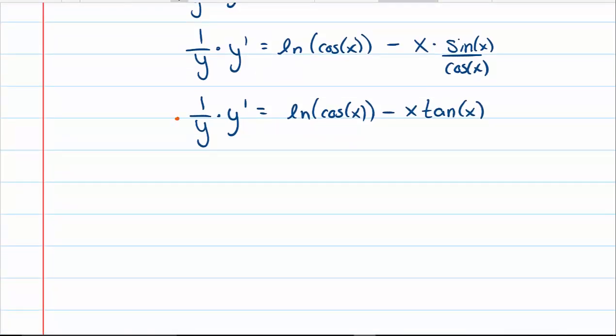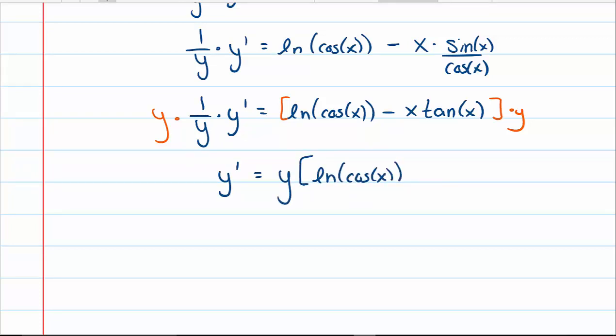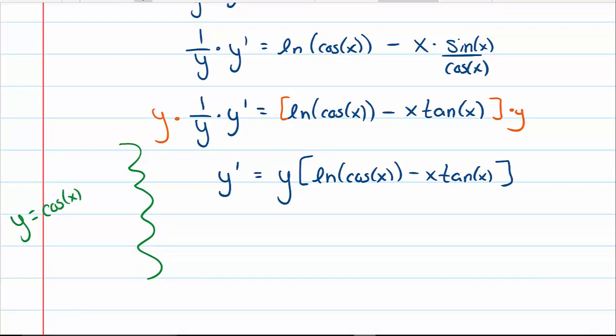Now we need to multiply both sides by y in order to get these to cancel off. So you get y prime is equal to y times ln cosine of x minus x tangent of x. And then we need to substitute back in, and remember that y was equal to cosine of x to the x power.